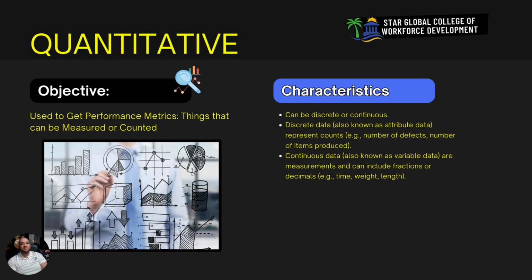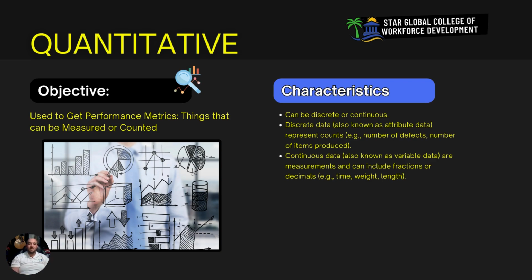The next thing we're going to talk about is quantitative, right? It's used to get performance metrics, things that can be measured or counted. The characteristics here, this is where I said there's a little bit more to this, but you can have this as discrete or continuous. Discrete would be something such as the number of defects or the number of items produced.